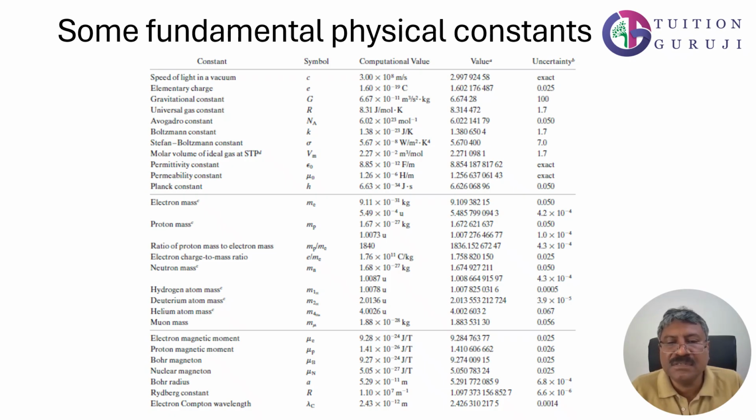Gravitational constant is 6.67 into 10 raised to minus 11 meter cube kilogram raised to minus 1 second raised to minus 2. Universal gas constant is 8.31 joules per mole Kelvin. A lot of such constants are given. Please note this down, and this will be useful to you in the coming chapters.